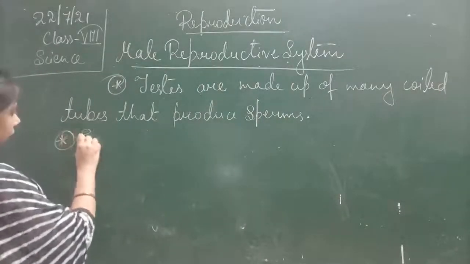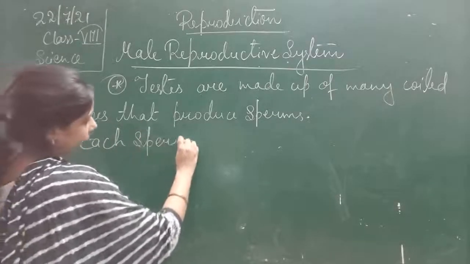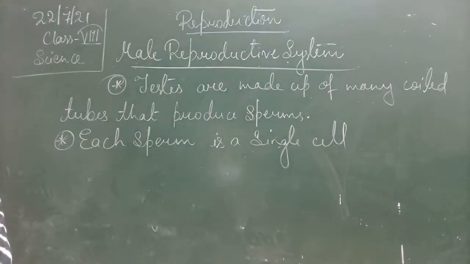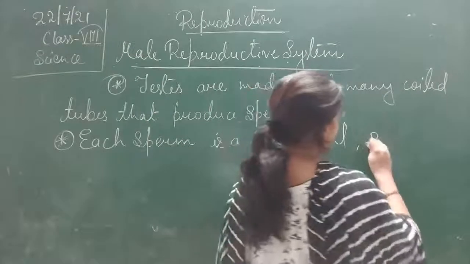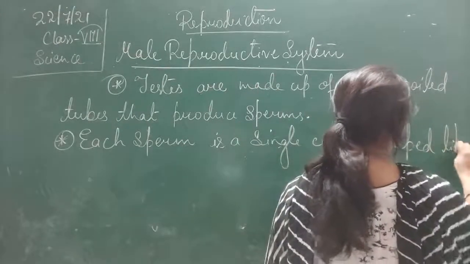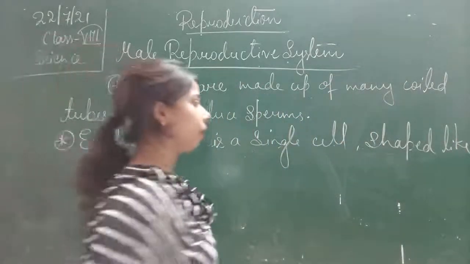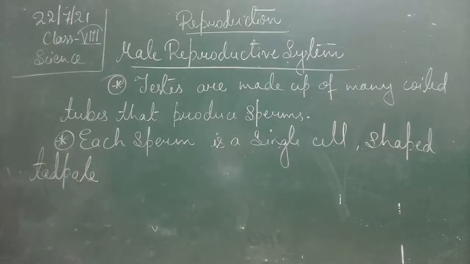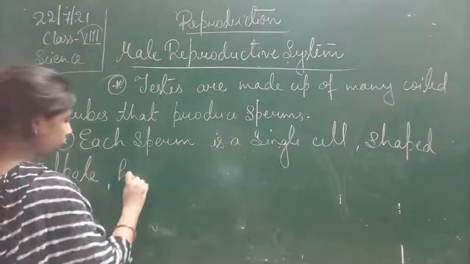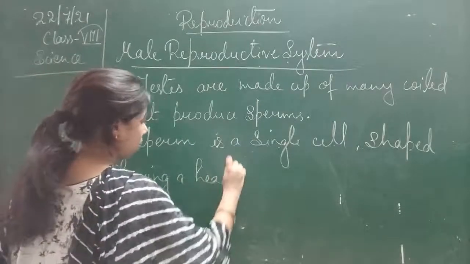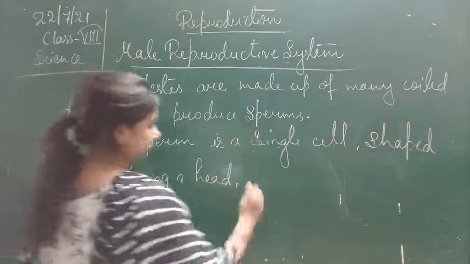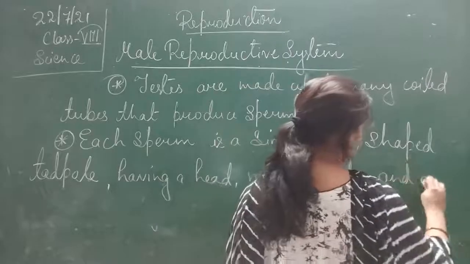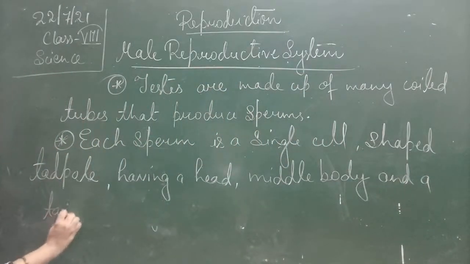Now each sperm is what? Each sperm is a single cell shaped like a tadpole, having a head, a middle body, and a tail.